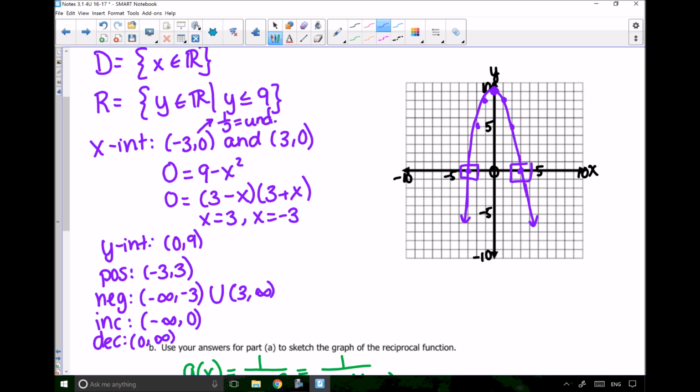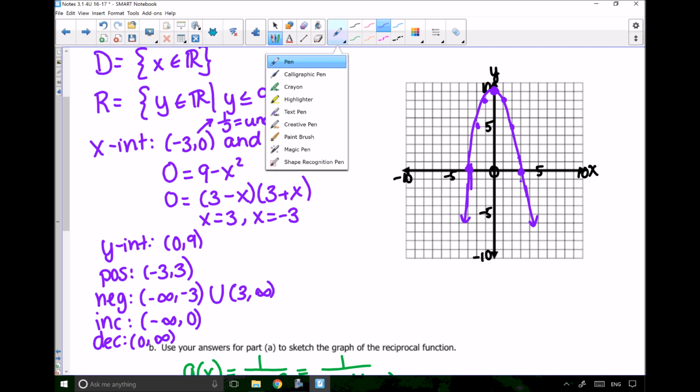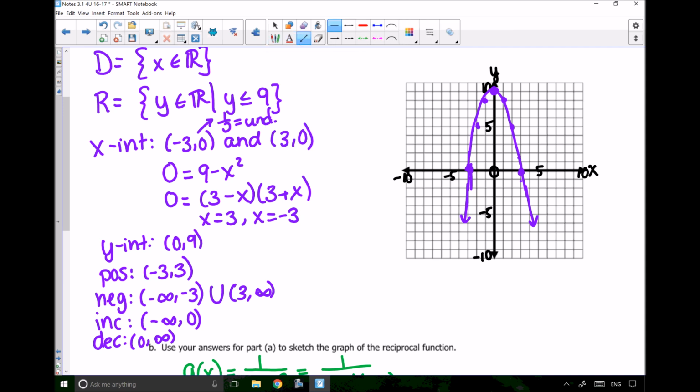We know that it can never touch -3 or +3. Since it won't, we end up getting two asymptotes. So let's graph out where our two vertical asymptotes are going to be.